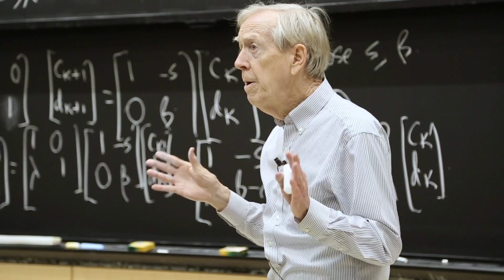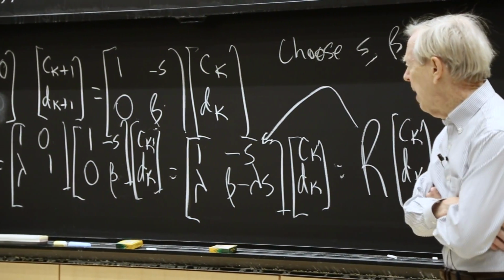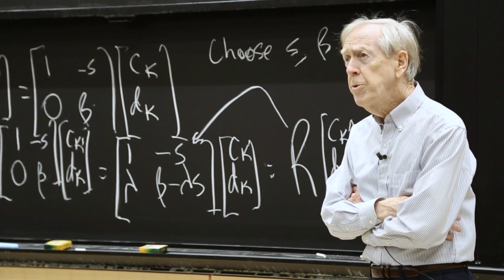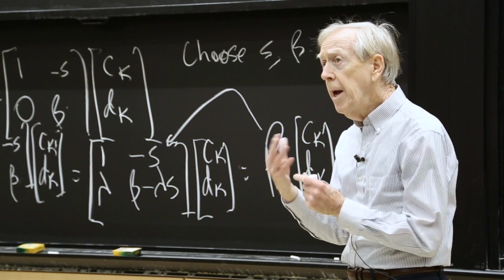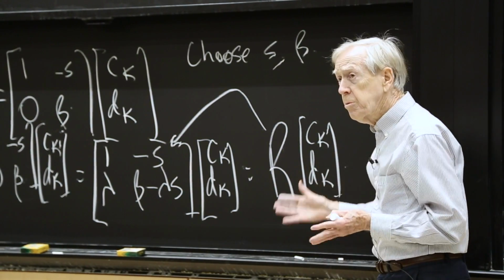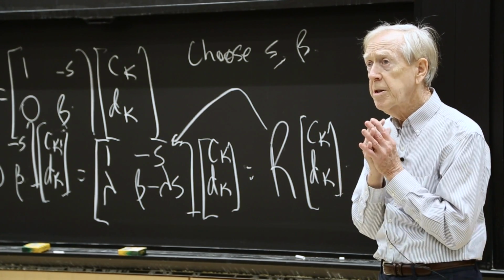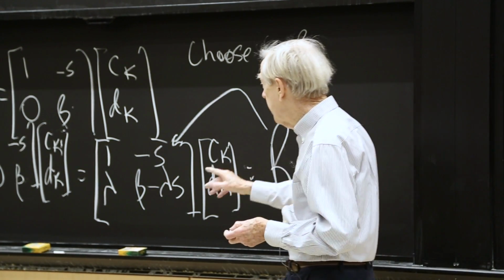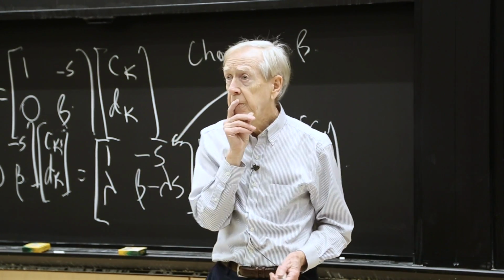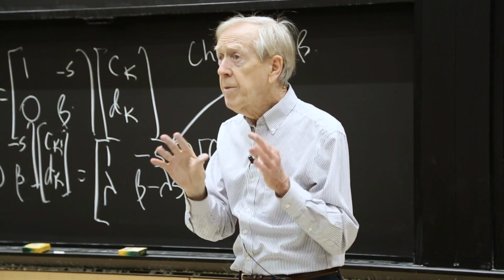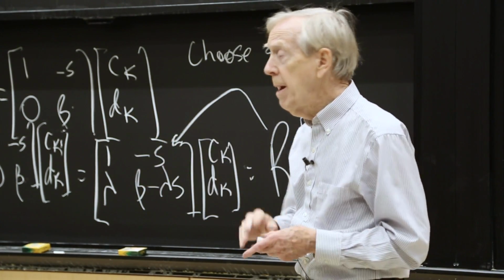So we have to think about what we want to do now. We want to choose beta and s to make R as small as possible. And we're free to choose beta and s. But R depends on lambda. So I'm going to make it as small as possible over the whole range of possible lambdas.